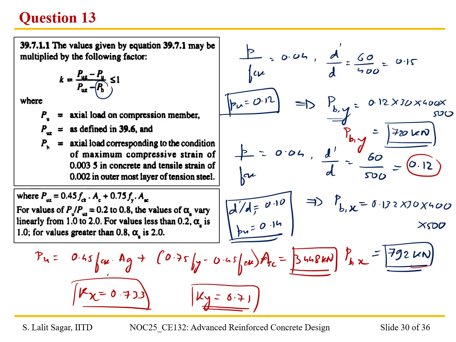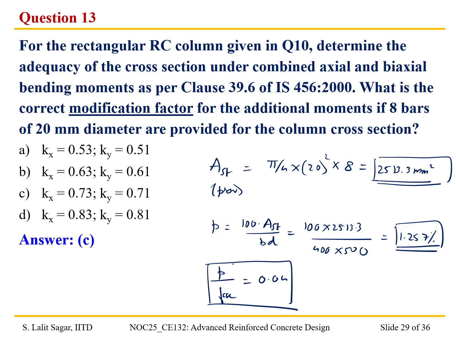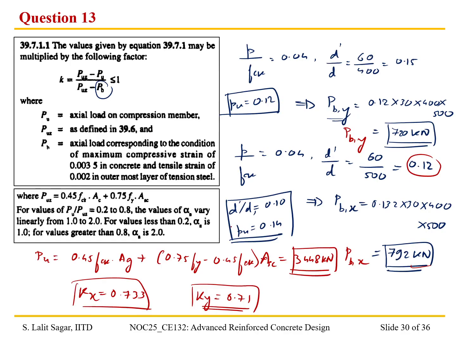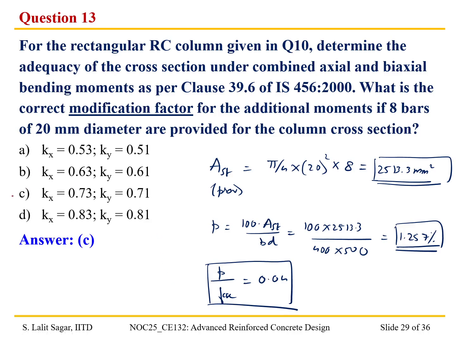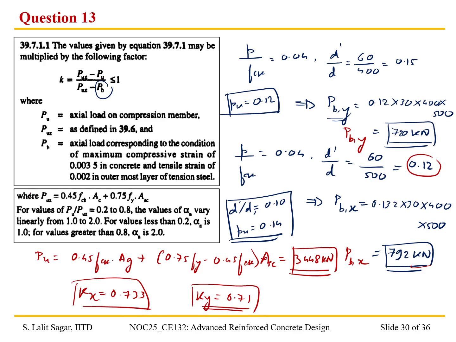You obtain the value of KX as 0.733, and for KY, substitute the value of PBY, that is 720. Then we obtain the value of KY as 0.7. Okay, once we have that, we can proceed to solve the problem over here. 0.73 and 0.71. So option C is the correct response.